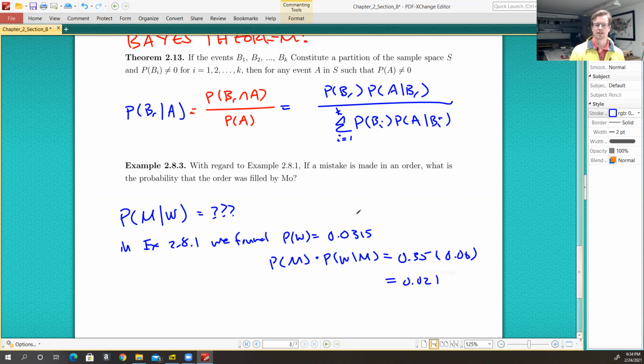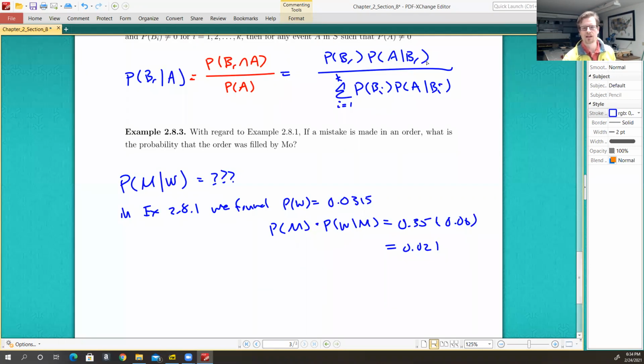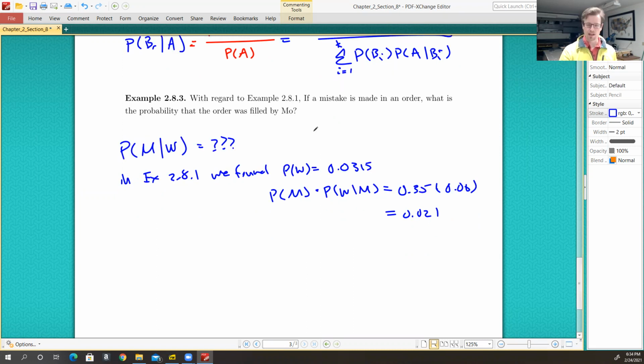Excellent. So we have the denominator, we have the numerator. We already calculated the denominator in the first example, so I didn't see a reason to go through and do it all again. So the probability of Mo having filled the order, given that we know there was a mistake, is given by 0.021 divided by 0.0315.